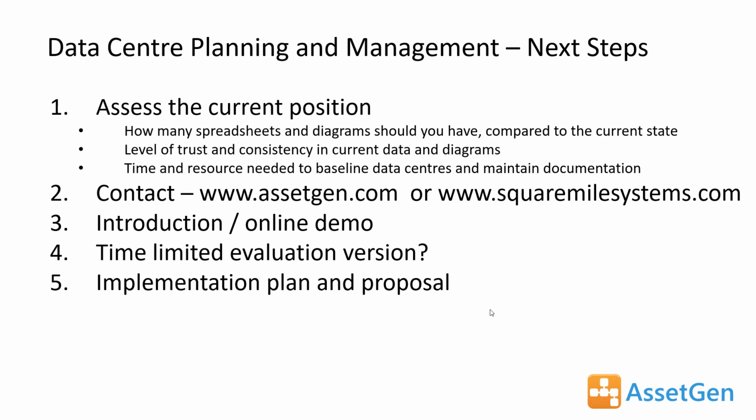Obviously with AssetGen there's not much data really to maintain because actually we've consolidated a lot of it into a database. So there's a lot of time and resource saved, but actually is also useful if you understand how much you spend doing this, or how much it would cost to actually take all your existing information sets and make them better and baseline them.